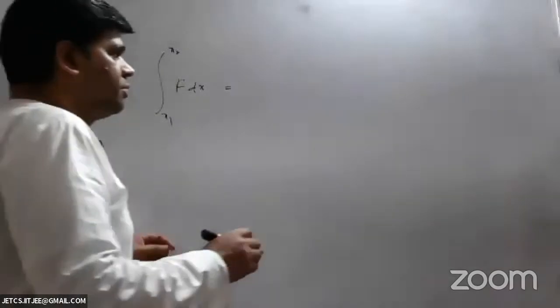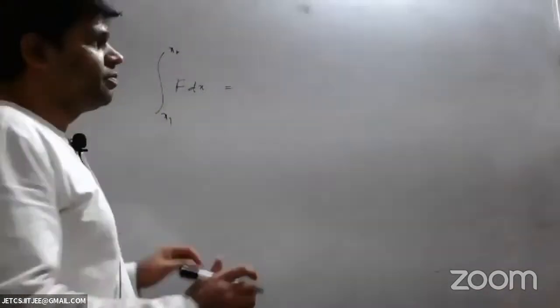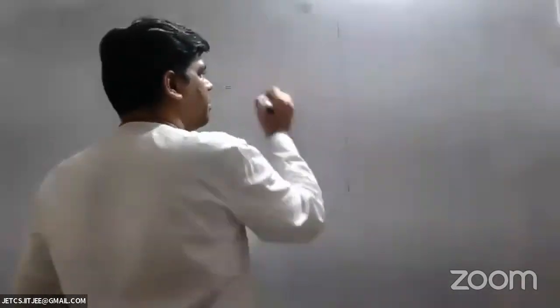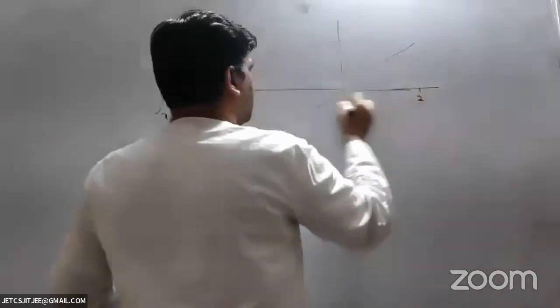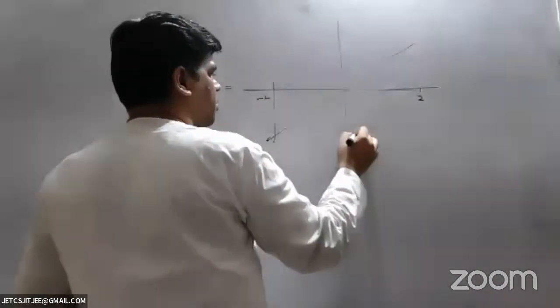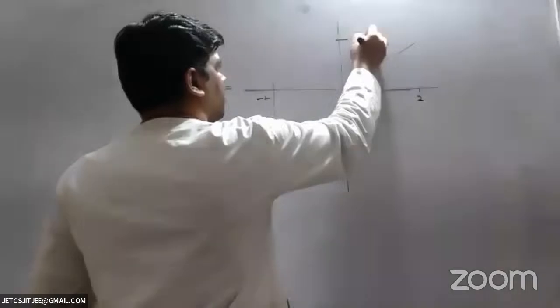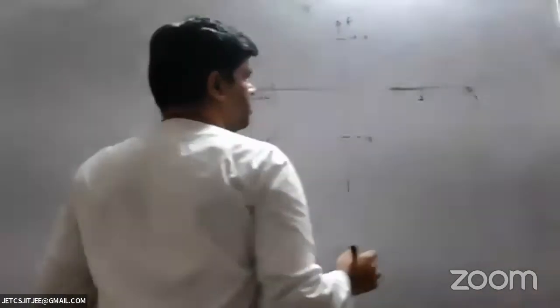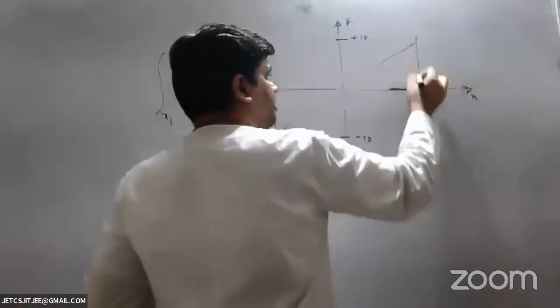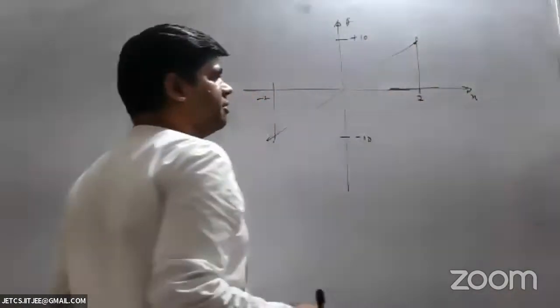Now you have to understand this carefully. The graph is given, with coordinates -2, +2, -10, +10. Again, there is a lot to interpret in this graph, but we'll interpret as we go ahead in the syllabus.